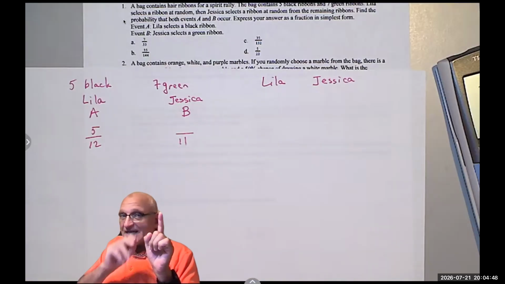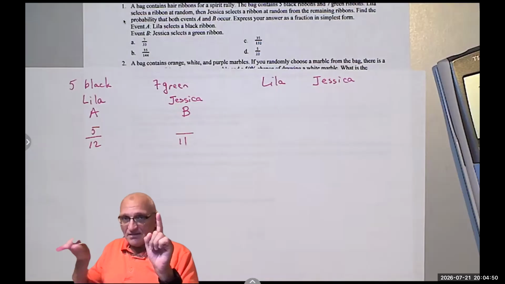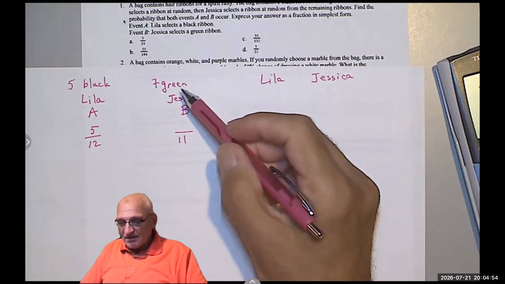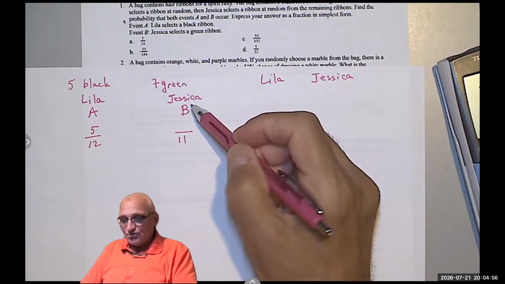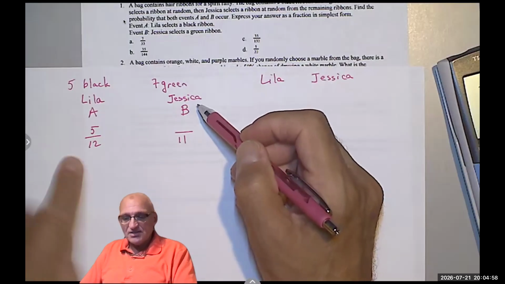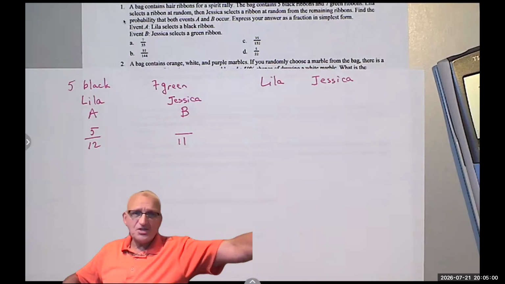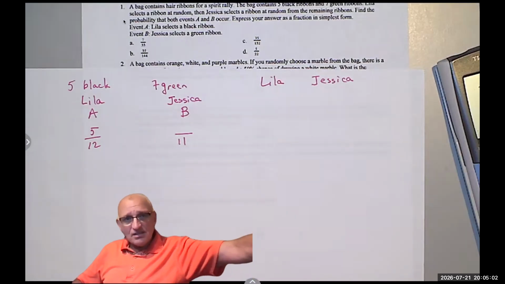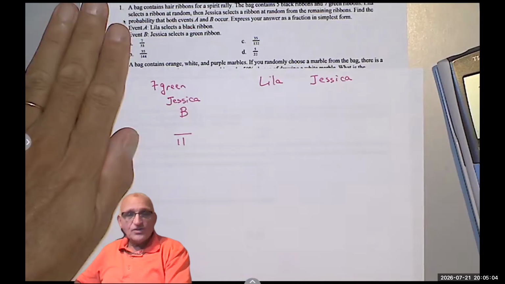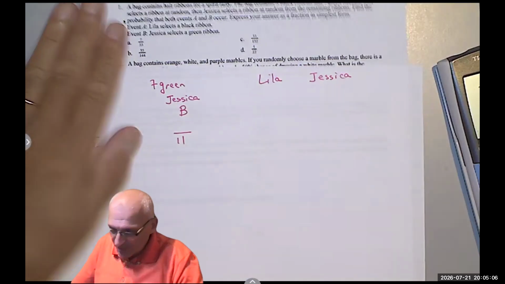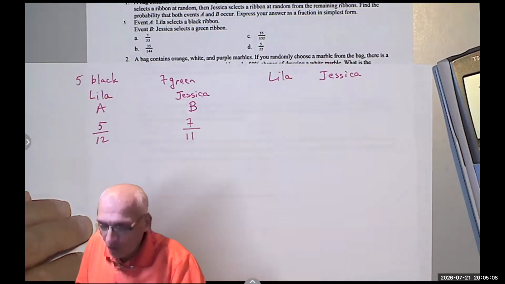All have the same likelihood of being selected, but now I have 7 green ribbons out of 11. Why 11? Because Lila already picked one. Whether she picked a black or a green, there are only 11. So now the probability is 7 over 11.